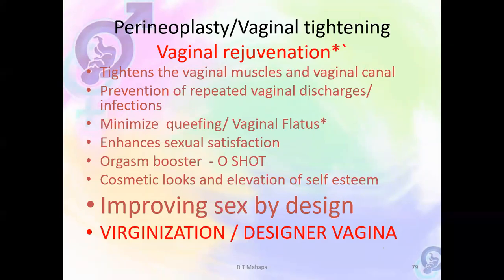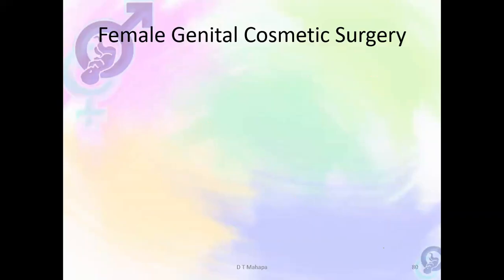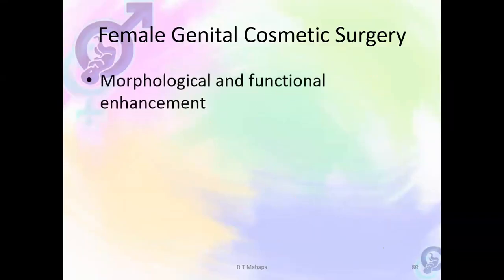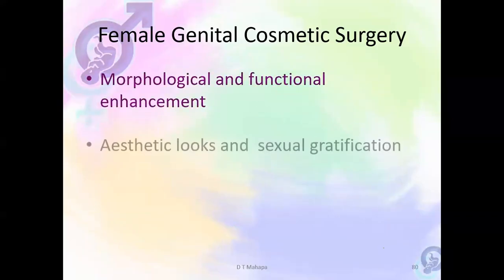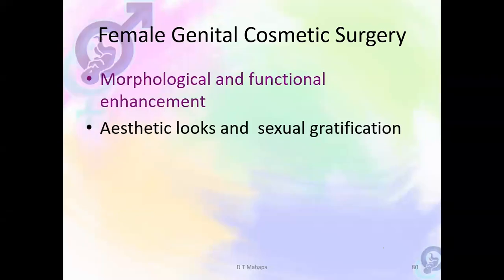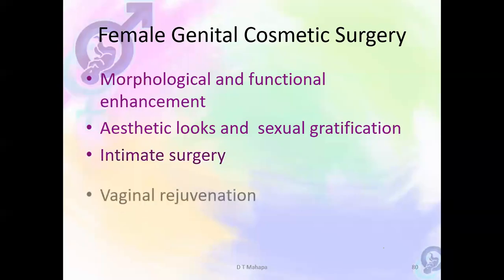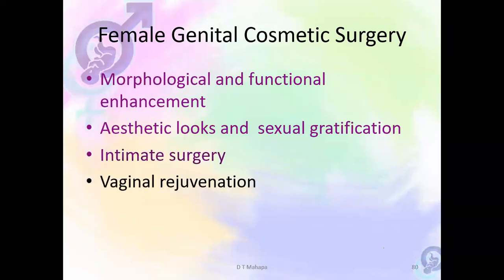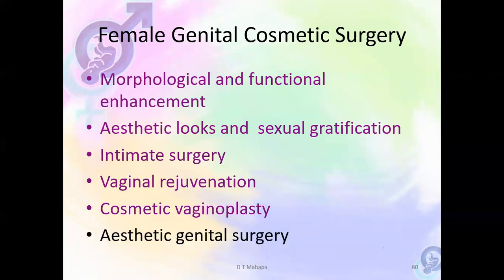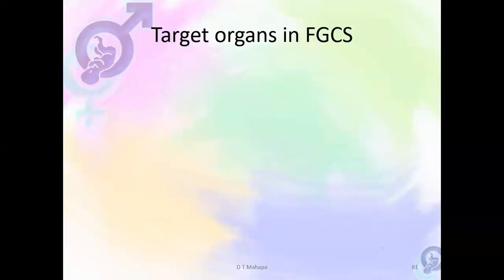Once a person is not a virgin, you can't make them a virgin again. But those are just names that people use in female cosmetic genital surgery, where the morphology and the function of the vagina is enhanced, and the look and sexual satisfaction. And some people call it intimate surgery, or vaginal rejuvenation, or cosmetic vaginoplasty, or aesthetic genital surgery. They call it many names, meaning the same thing. And it's promoted mostly by the public, not by health, because they don't kill.